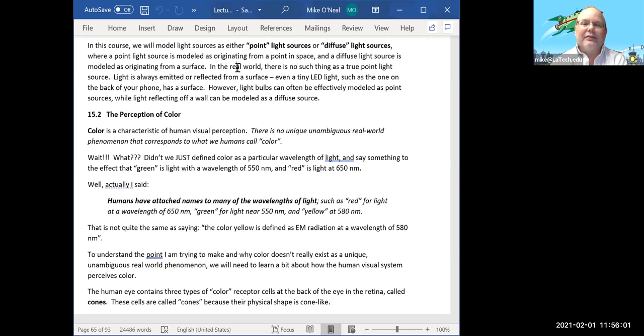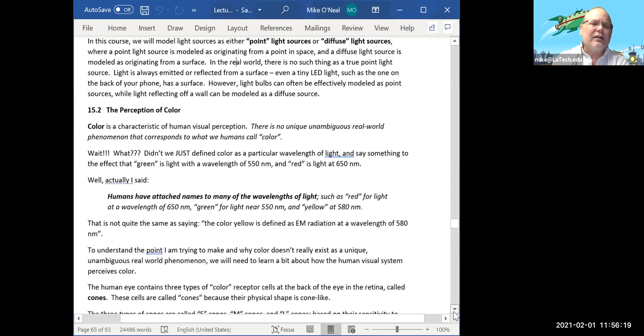You could model it as a point, right? Whereas diffuse light sources come from a screen like your TV set or your monitor or our fluorescent light bulb. Okay, that's important because we'll get back to that later.